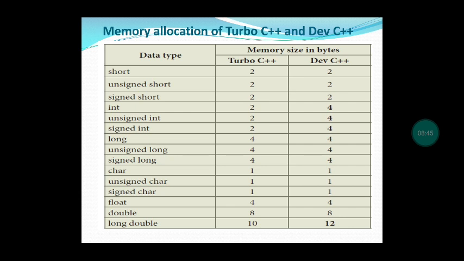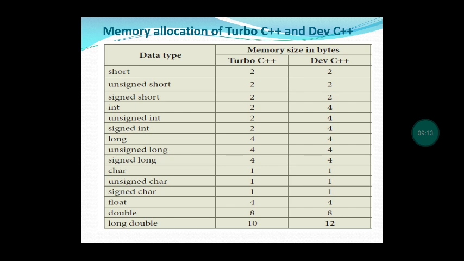For short, unsigned short, signed short, the size is 2, both for Turbo C++ and Dev C++. After that, integer, unsigned integer, signed integer: the Turbo C++ memory size is 2, but for Dev C++, the memory size is 4.